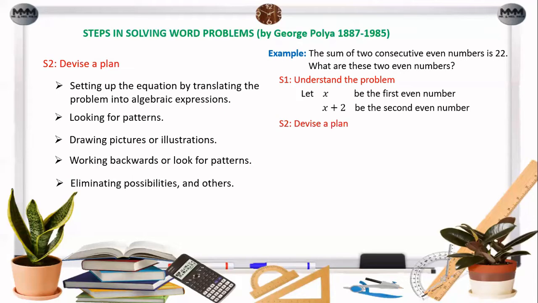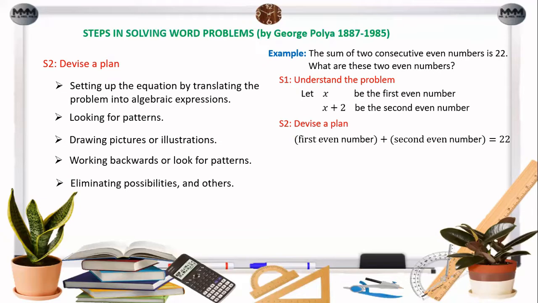In this problem, we can set up the equation wherein we translate the problem into an algebraic expression. Because in our first step, we have already represented the two even numbers. And the problem states that the sum of two consecutive even numbers is 22. We can translate this into an algebraic expression. Again, if you have watched my previously uploaded video, it's not difficult to translate.